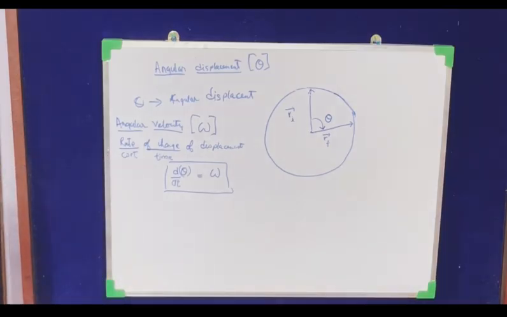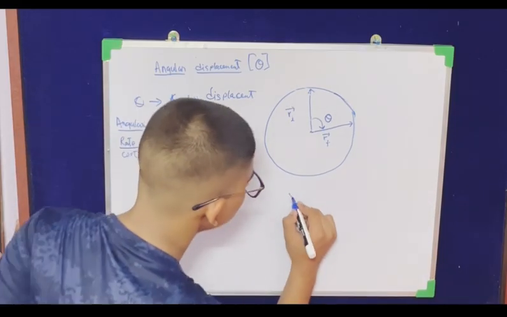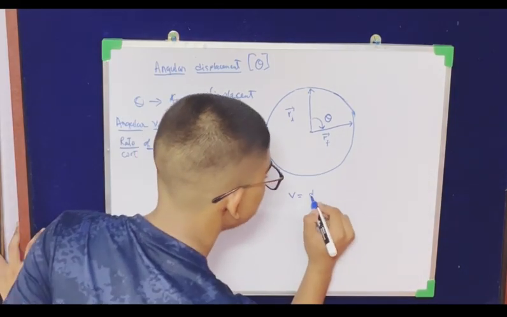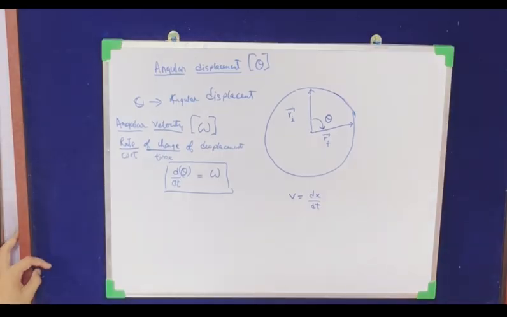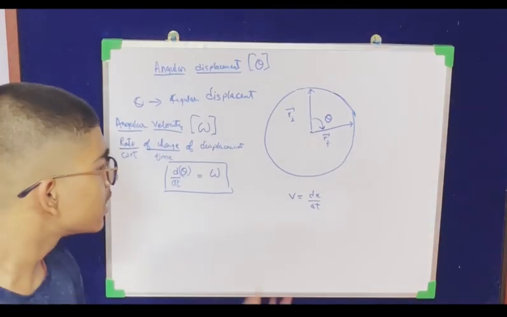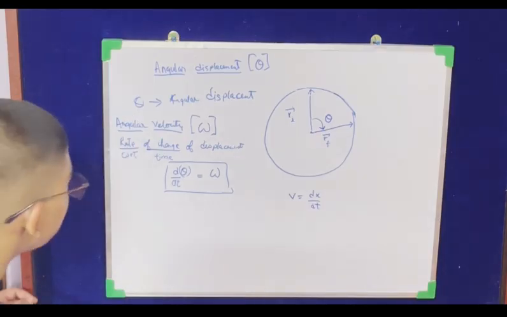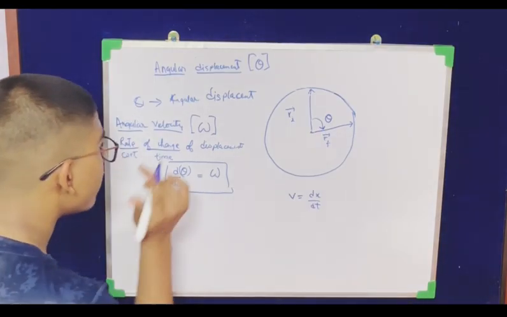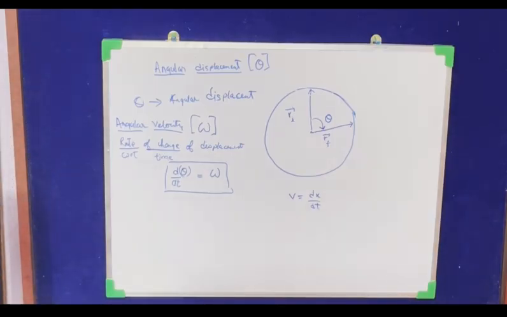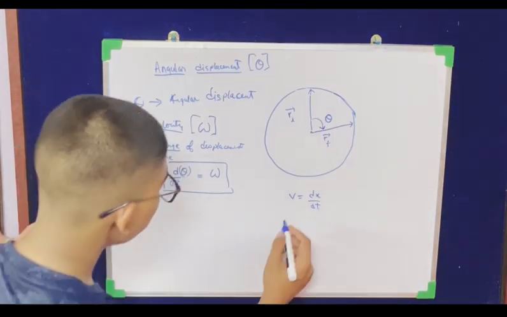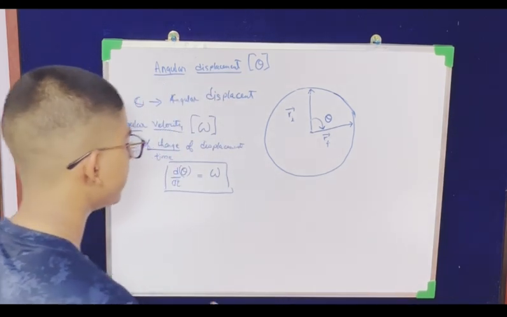If we wanted instantaneous velocity, we did dx by dt, which was also known as the slope of the x-t graph. Similarly, here we are just differentiating angular displacement to get omega, which is angular velocity. The same as in kinematics, and here in circular motion we are doing the same.